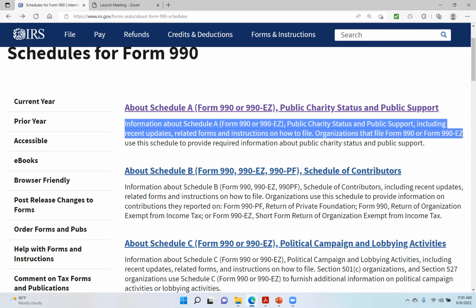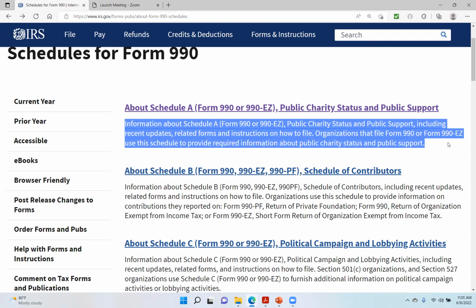Organizations that file the Form 990 or Form 990EZ use this schedule, Schedule A, to provide required information about public charity status and public support. So that's what Schedule A is about.